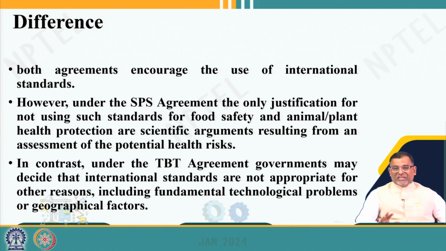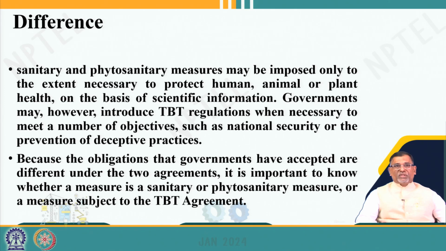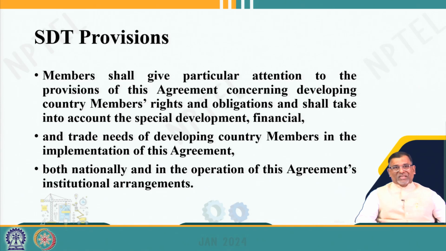Here the difference between the two agreements is also something we already discussed. Most importantly, the SPS agreement talks about food standards or health standards, and the TBT agreement talks about technical standards. You can find a special and differential treatment provision.